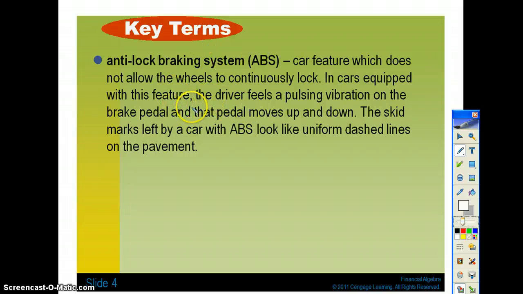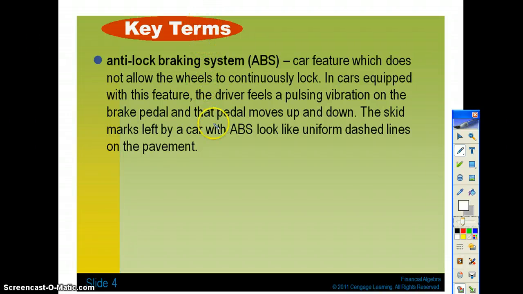Anti-lock braking system. Some of your cars may have it. It'll be interesting to know that when you have ABS on your car, a lot of times the insurance is cheaper. When you talk to your insurance agent or look online for insurance prices, you may have found that they asked you if the car had ABS, and if so, sometimes that causes the insurance to be cheaper.